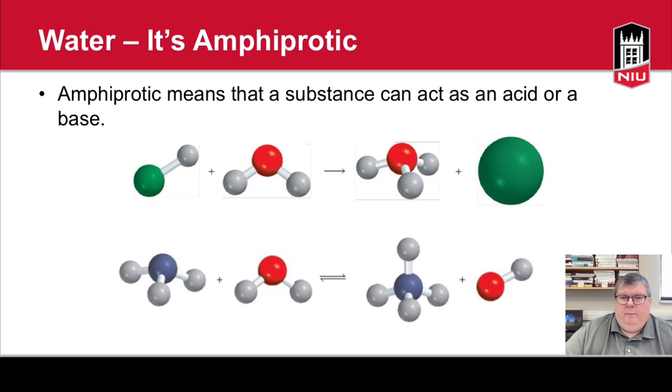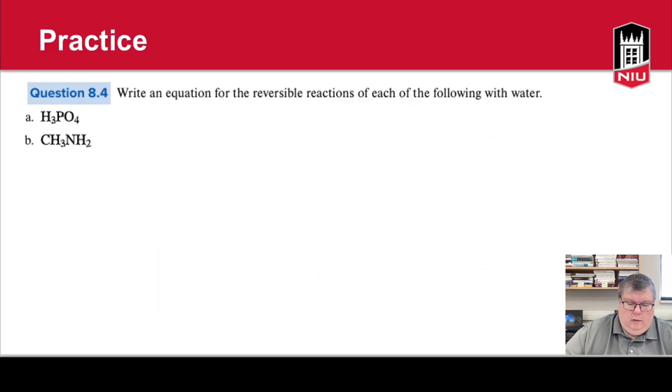There are many substances that are amphiprotic that act as both an acid or a base. One that is very important to human life is the bicarbonate ion, HCO3-. We can either gain an H to form H2CO3, or it can lose an H to form CO3 2-. So that is an amphiprotic substance as well.